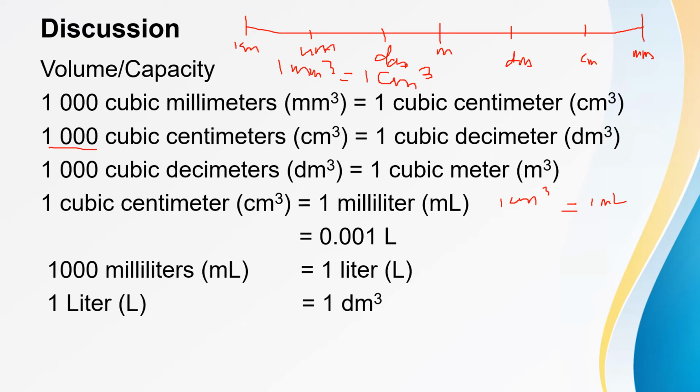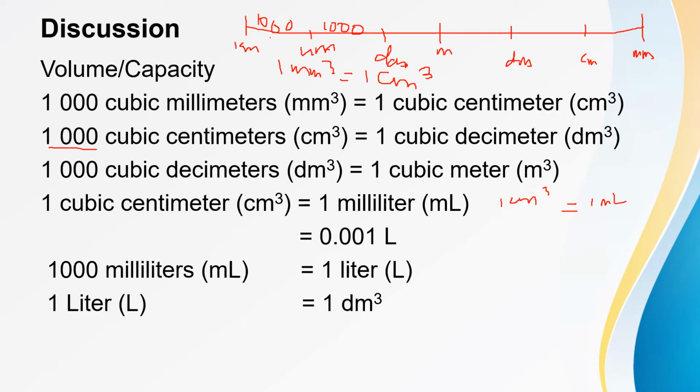But in cubic, we multiply this by 3. So this is 10, right? 10, like in regular length, 10, 10, 10, 10. But this time, this is 1,000. 1,000, 1,000. Okay? Because that's 3 spaces.